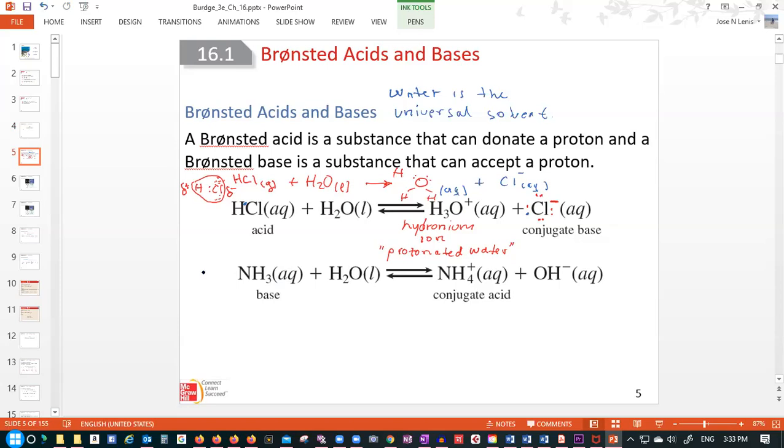Let's see this case. When we dissolve ammonia. Again, ammonia is a gas.